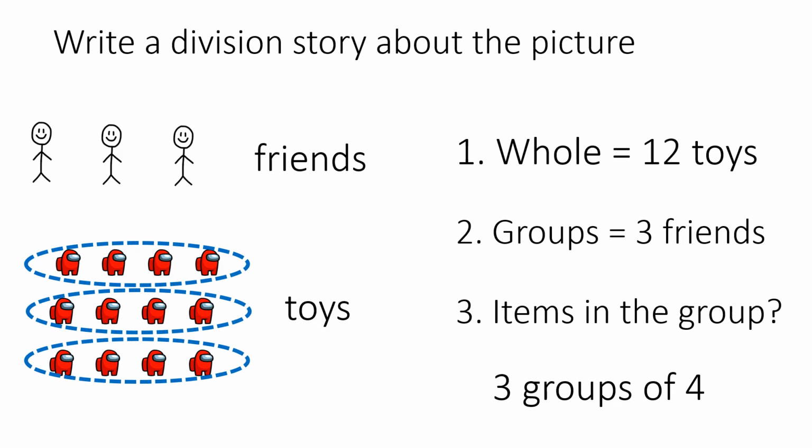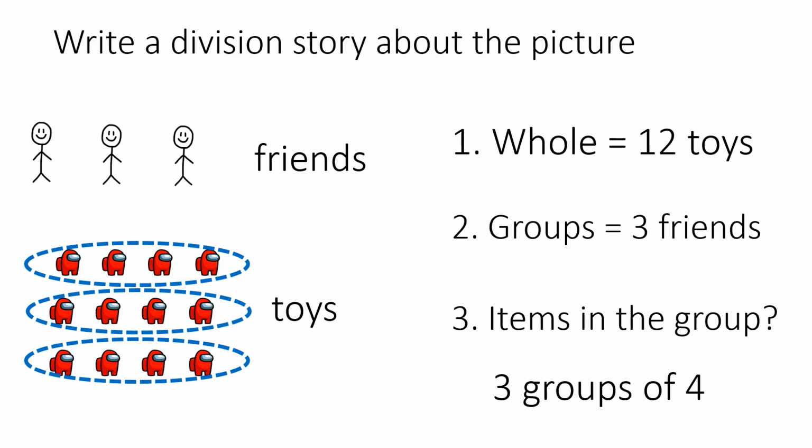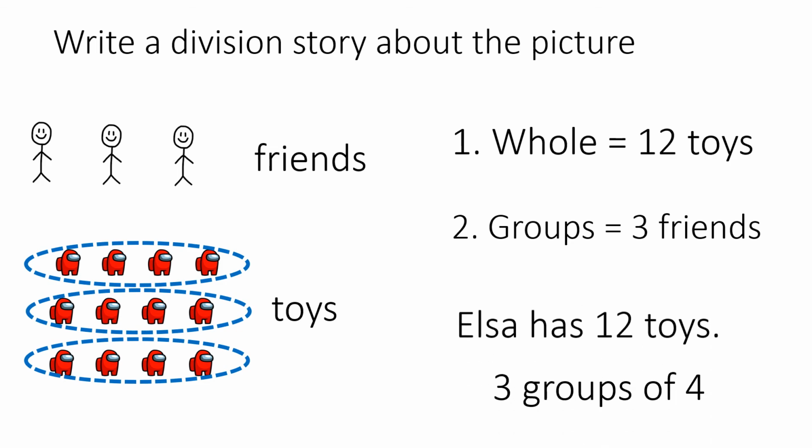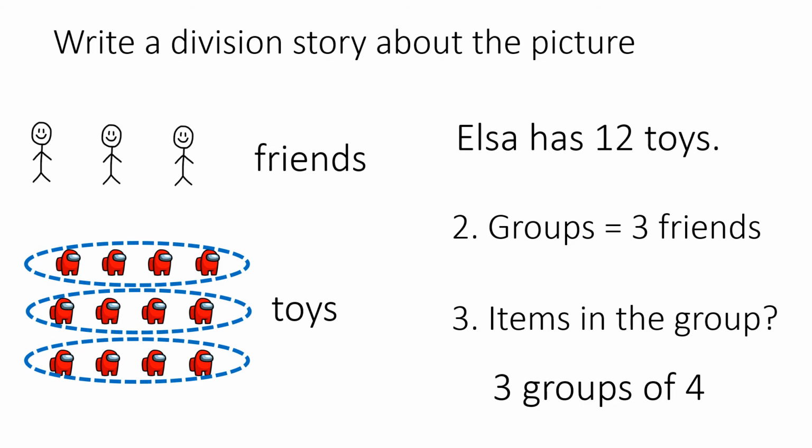Now we're going to make this story into words. How do we say it in a sentence or story to replace whole equals 12 toys? Let's use Elsa as the main character over here. What would she do with the 12 toys? So Elsa has 12 toys.